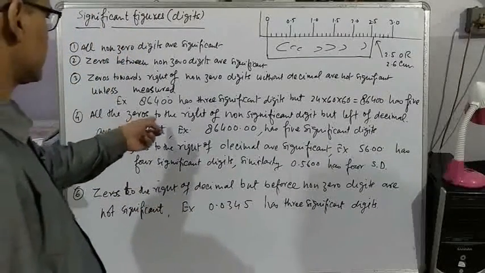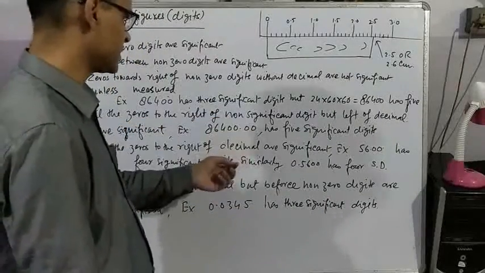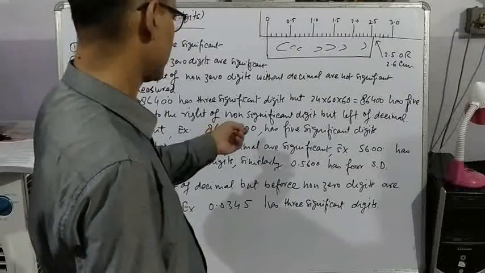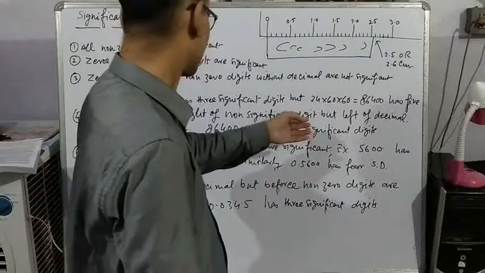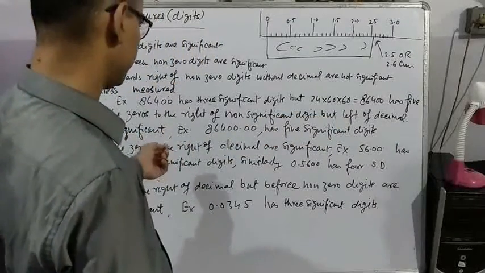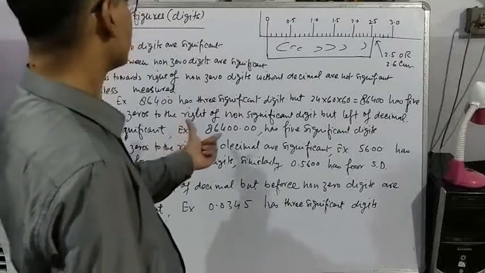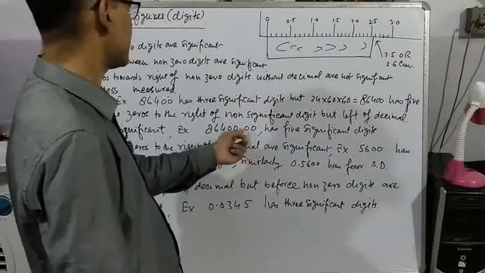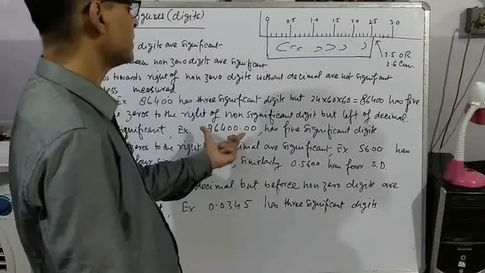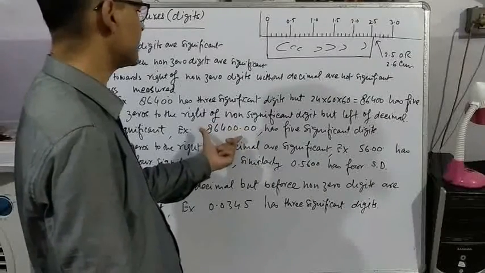All the zeros to the right of non-zero digits but left of decimal are significant. These zeros are coming after the decimal point, so this value has only 5 significant figures.